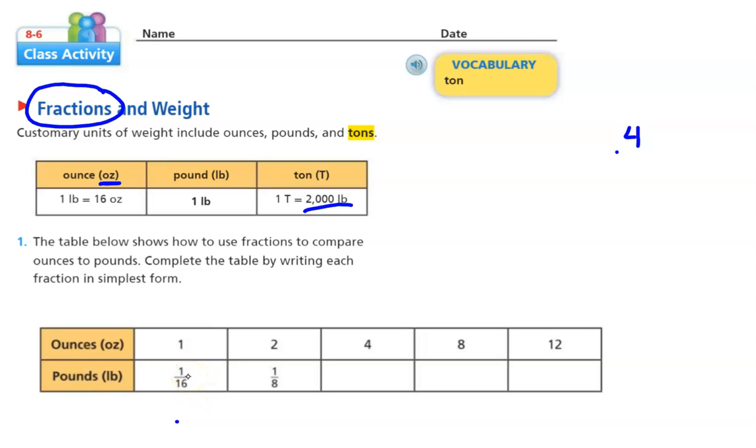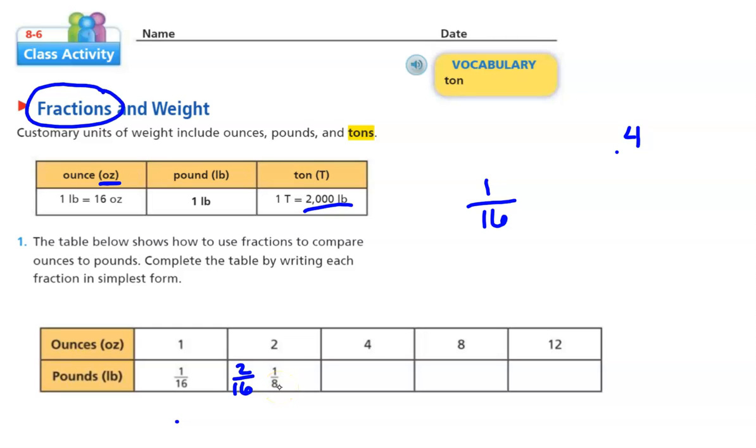And the reason, again, is because you have 16 ounces in an entire pound, and you only have 1 ounce. So you'd write that as 1 ounce out of the 16 ounces that there are in a pound. So for 2 ounces, this was actually first 2 ounces out of 16 ounces in total for a pound, but we went ahead and simplified that to make that 1/8 of a pound.